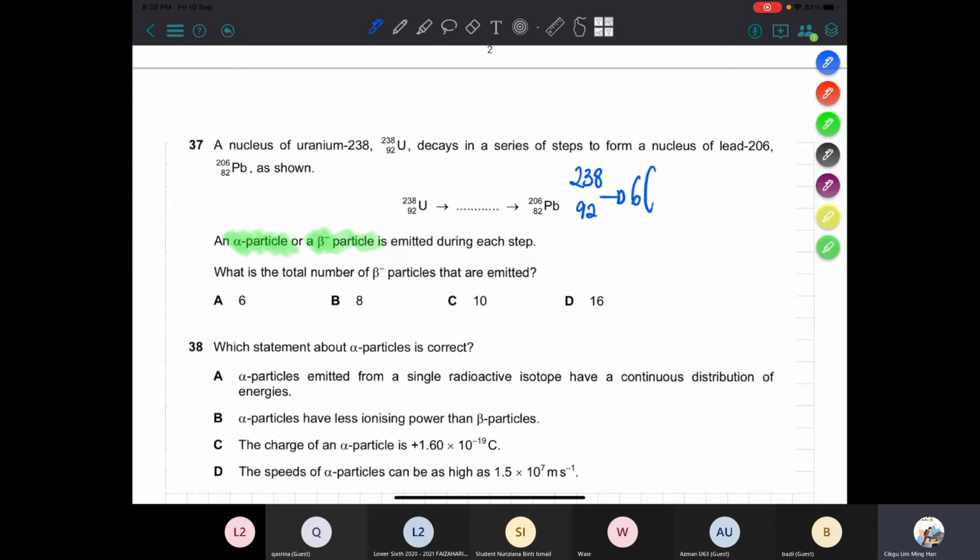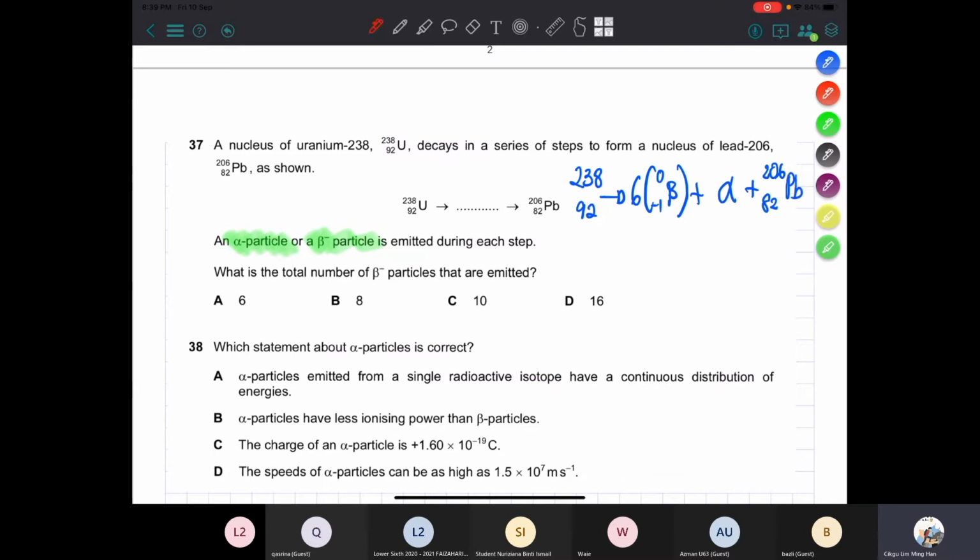So there are 6 beta, so 6 minus 1 beta, plus I don't know how many alpha there are. And then the end result is lead-206, 82 Pb.